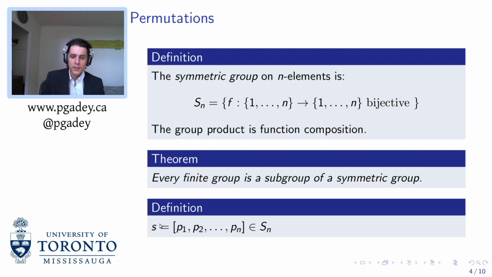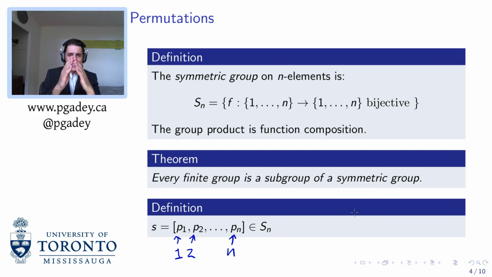So a symmetry S can be written as a permutation P1, P2, Pn in the following way. What we're going to do is write a table of values where 1 gets sent to P1, 2 gets sent to P2, and n gets sent to Pn.